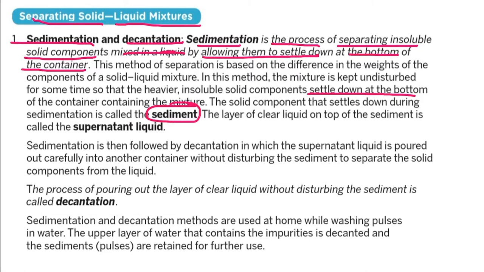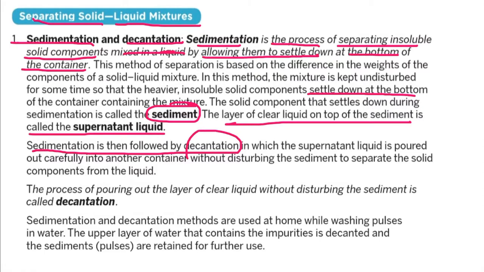The layer of clear liquid on top of the sediment is called the supernatant liquid. Sedimentation is then followed by decantation, in which the supernatant liquid is poured out carefully into another container without disturbing the sediment to separate the solid components from the liquid.